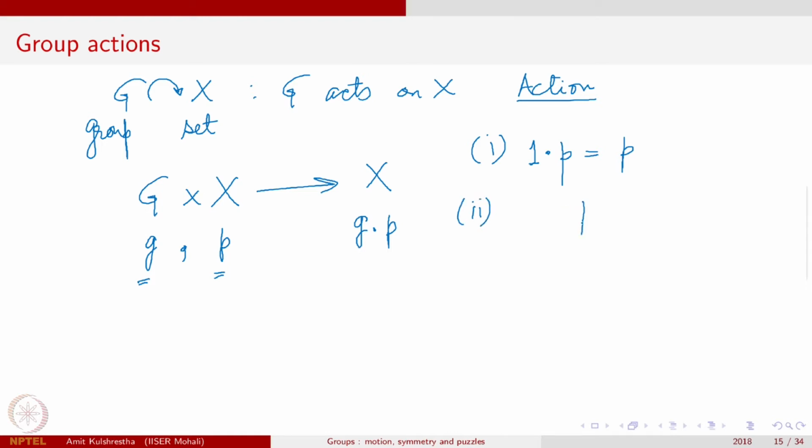I take the point P and I take two elements, G comma H, G and H in the group.